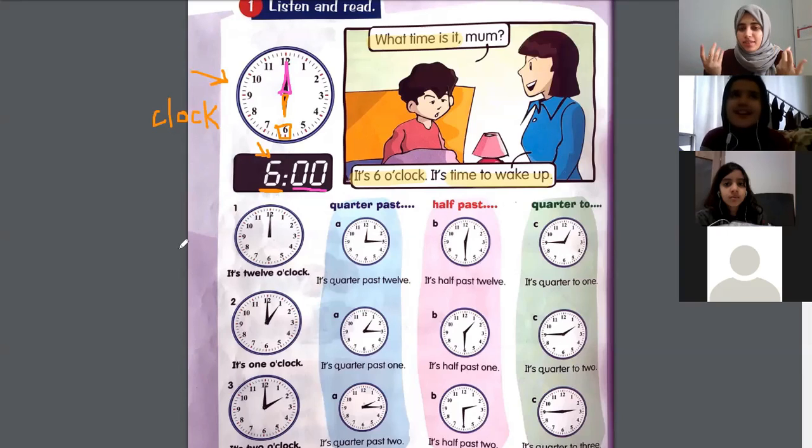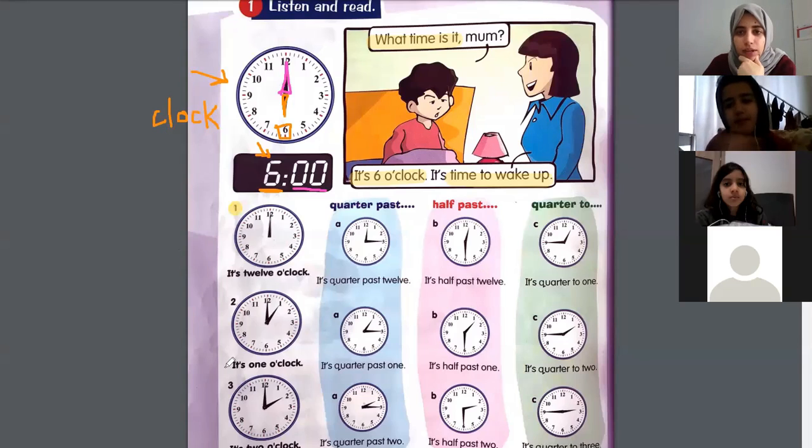I woke up at 8? At 8 or 9 or 7. So Uthman woke up at 7 o'clock, and it was his time to wake up. Thank you, Uthman. So we're going to look at the first example we have here in number 1.